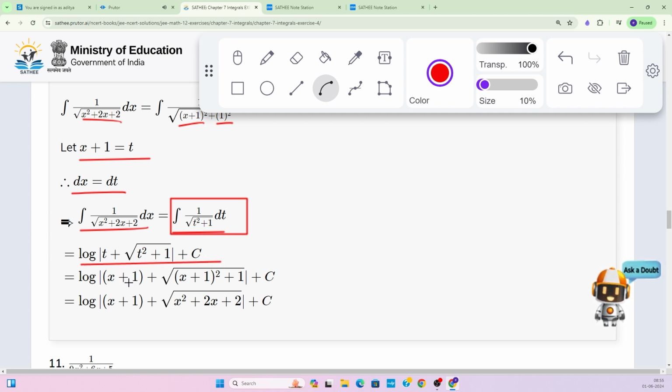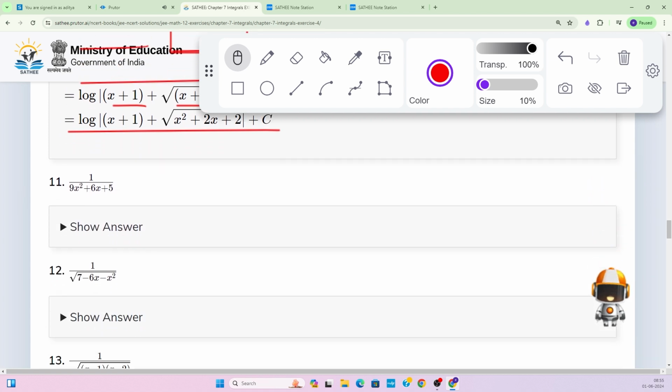Substituting back the value of t in terms of x, you will have log of modulus x plus 1 plus root of x plus 1 whole square plus 1, plus some constant. So the final answer will be this. Okay, clear? I hope it is clear to you. Let us move next.